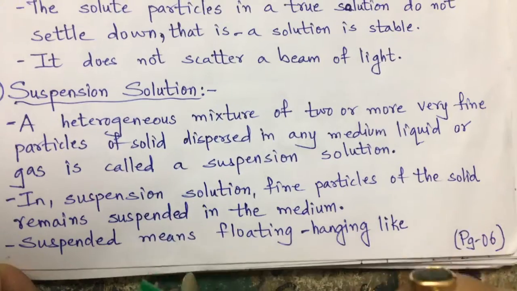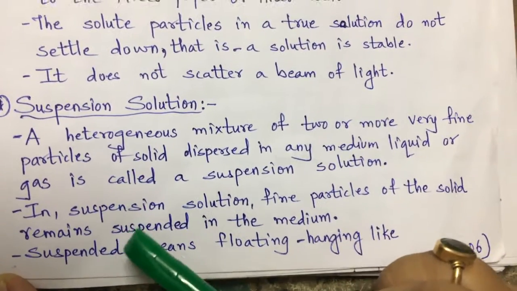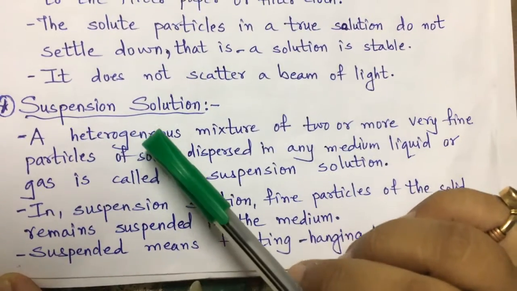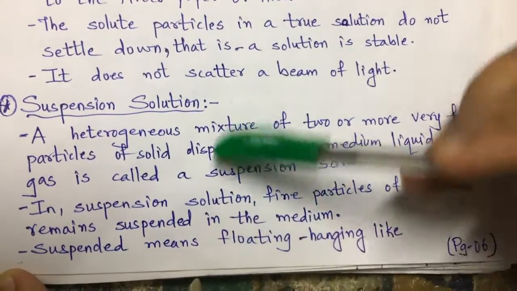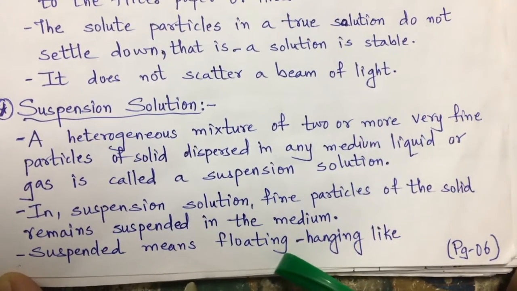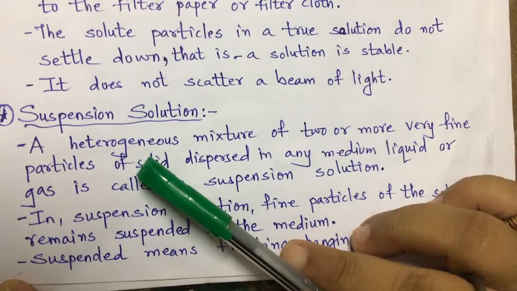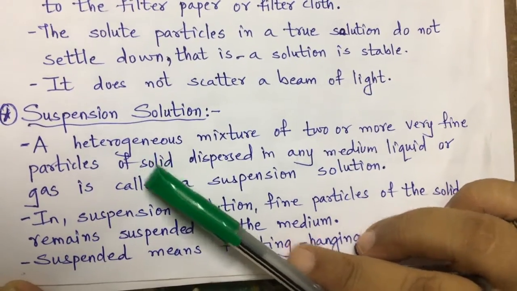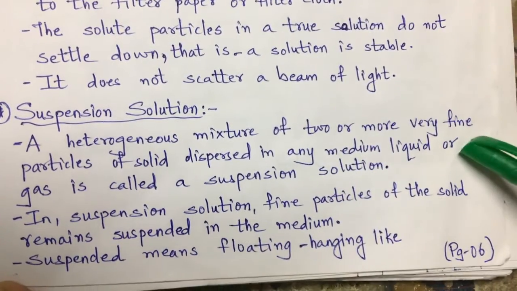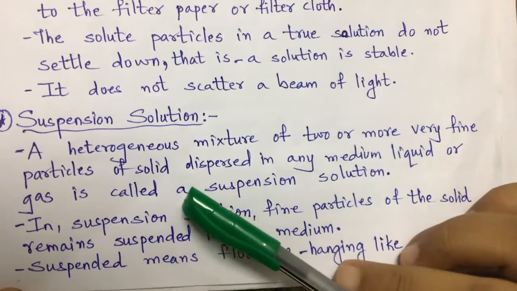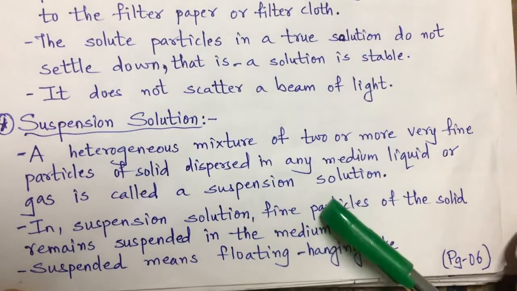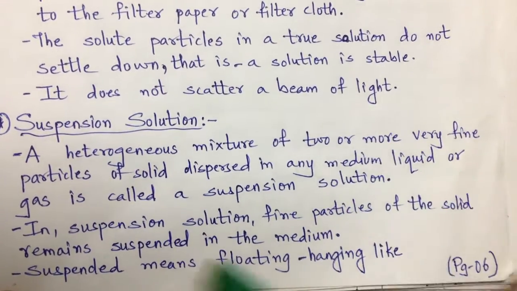So here what happens? In the suspension solution, the particles remain in the solution floating. It is not homogeneous, it is a heterogeneous mixture of two or more very fine particles of solid dispersed in any medium, liquid or gas.